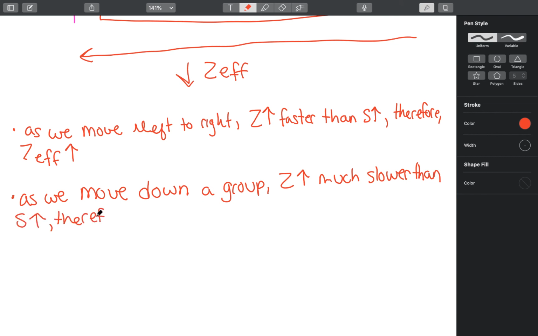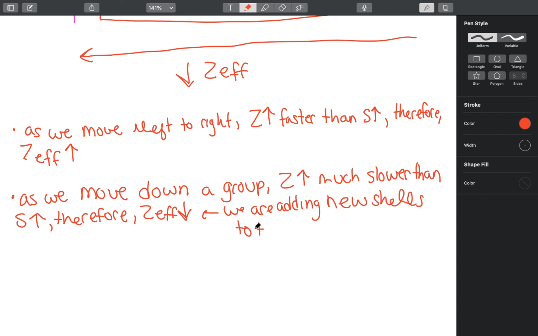Therefore, Z effective decreases as we move down a group, and this is because we are adding new shells to the electronic structure.